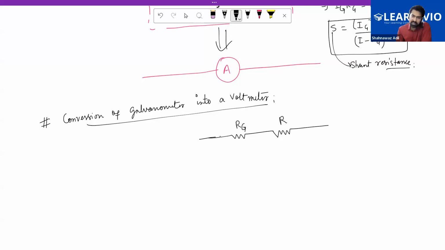Let's say current Ig is passing through it, and then you connect in parallel whatever you want to measure.